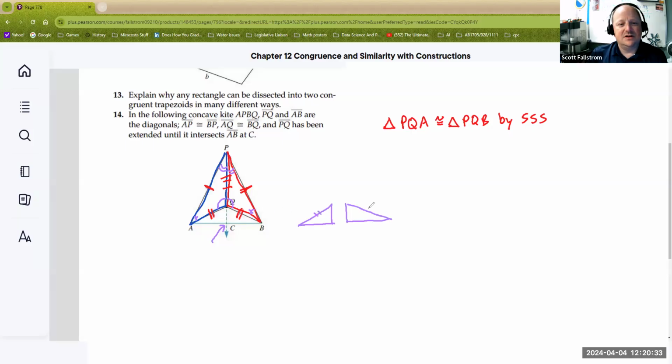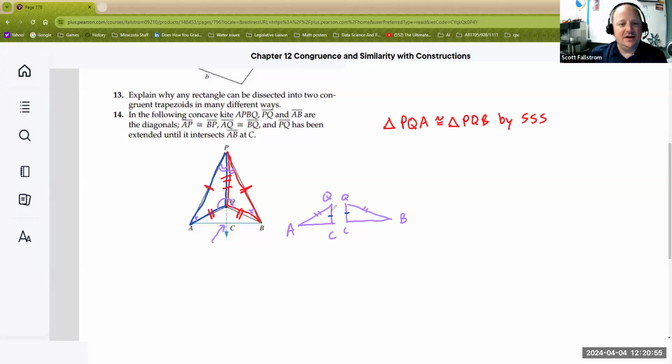We know this piece is the same as that one. I need this to be A, Q, C, and over here, B, Q, C. So we know those are congruent. We know QC is congruent to itself, right?